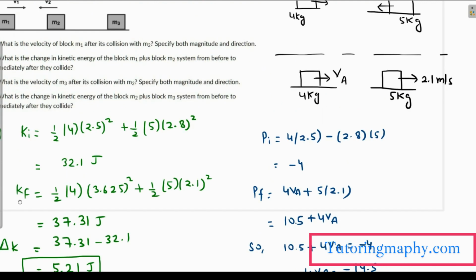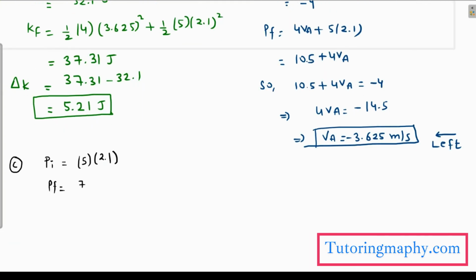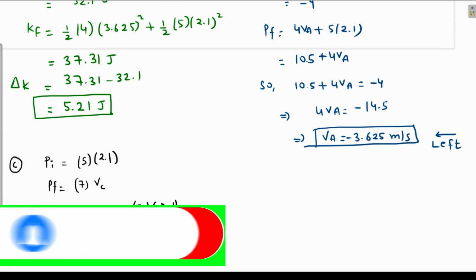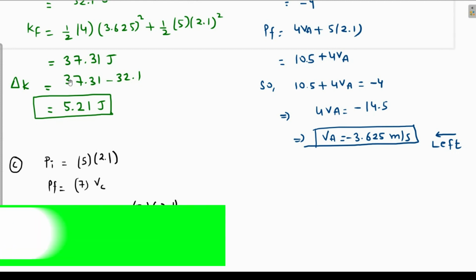Final mass is 5 kilograms plus 2 kilograms, so that's 7 kilograms since they stick together, times V of C. So 7 VC should be equal to 5 times 2.1. So the value of VC comes out as 2.1 times 5 over 7, which is 1.5 meters per second. That is the velocity of the block C, over on the right, of course.